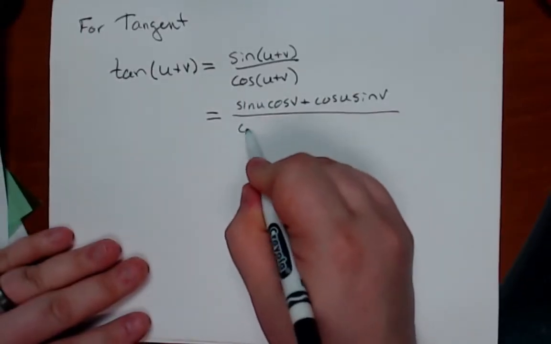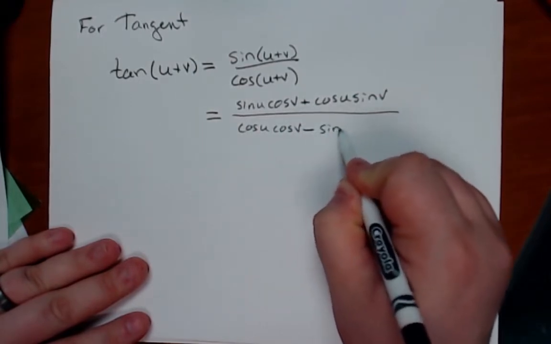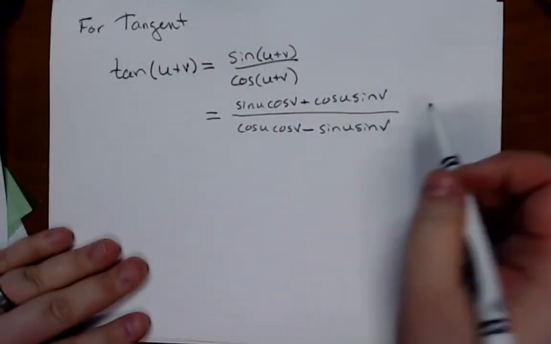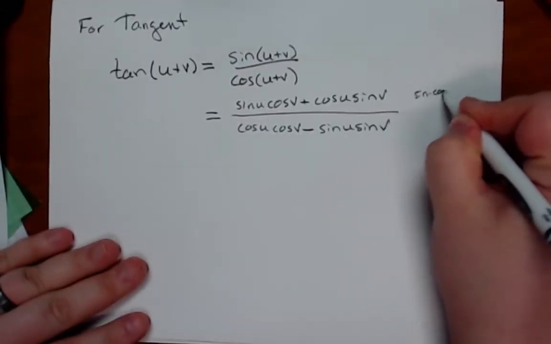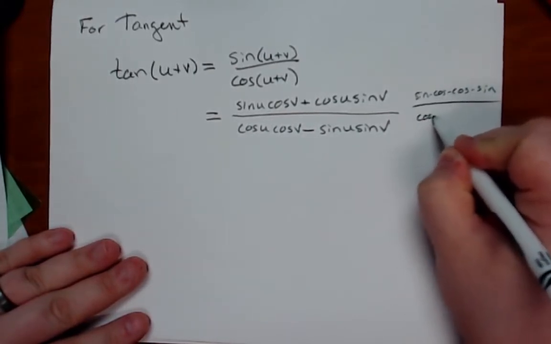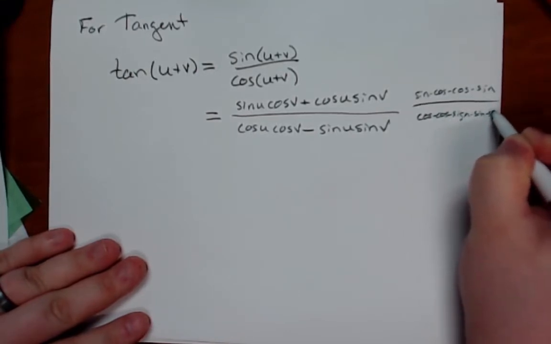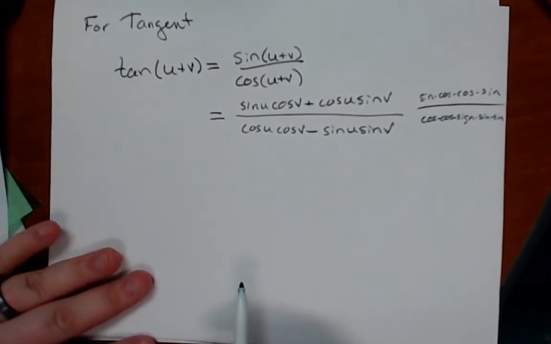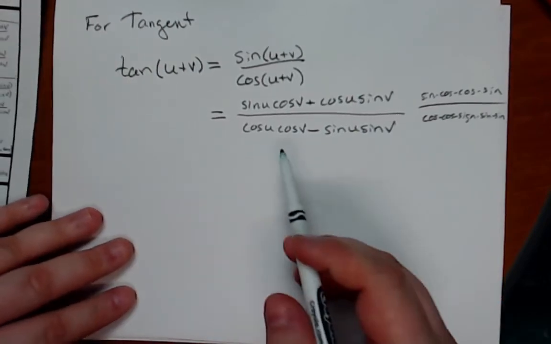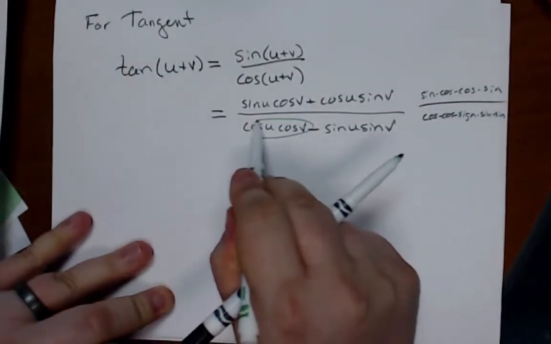And then our cosine is cosine u cosine v minus sine u sine v. And you're like, well, that looks like a mess. We're going to divide everything by this term, cos u cos v.